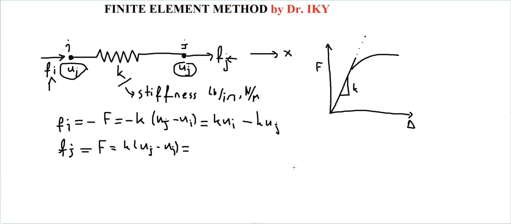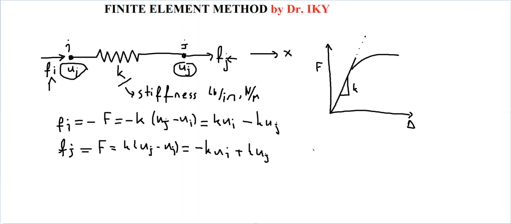So it will be IJK, IJK, etc. So the Ui will be the first element. Because of that, you are changing the order. So it becomes minus K Ui plus K Uj.